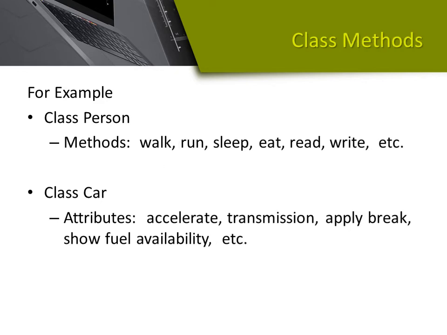Now let's see how it works for methods. Suppose for a person class, methods defined are a person can walk, sleep, eat, read, write. So every object of the class person will be allowed to walk, sleep, read, write and perform other operations as defined in the class.